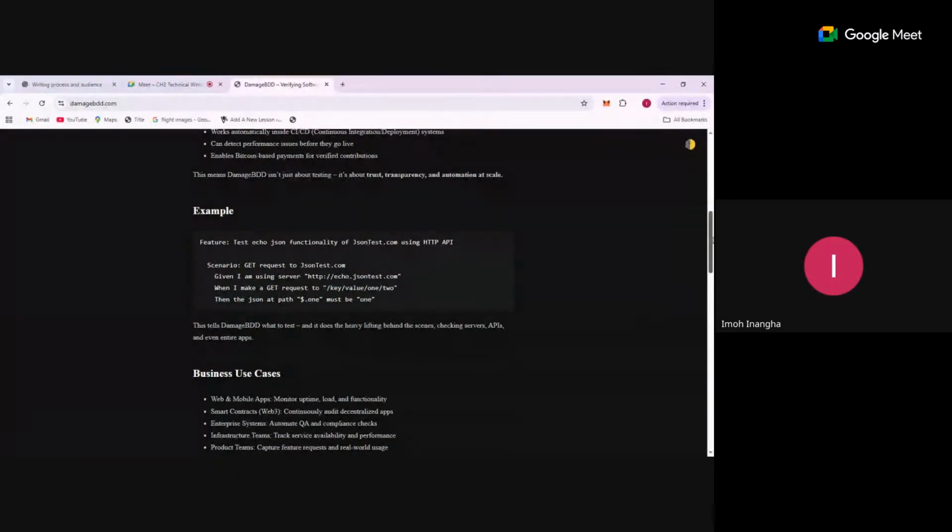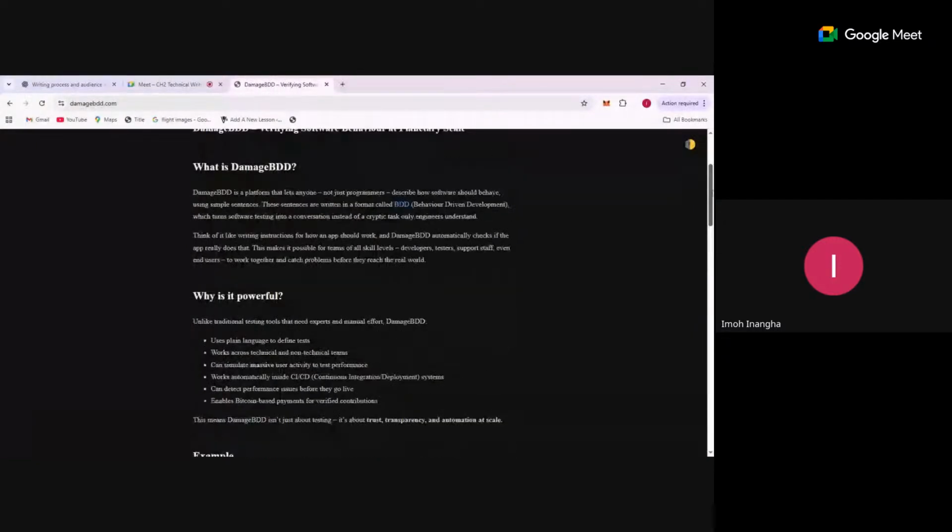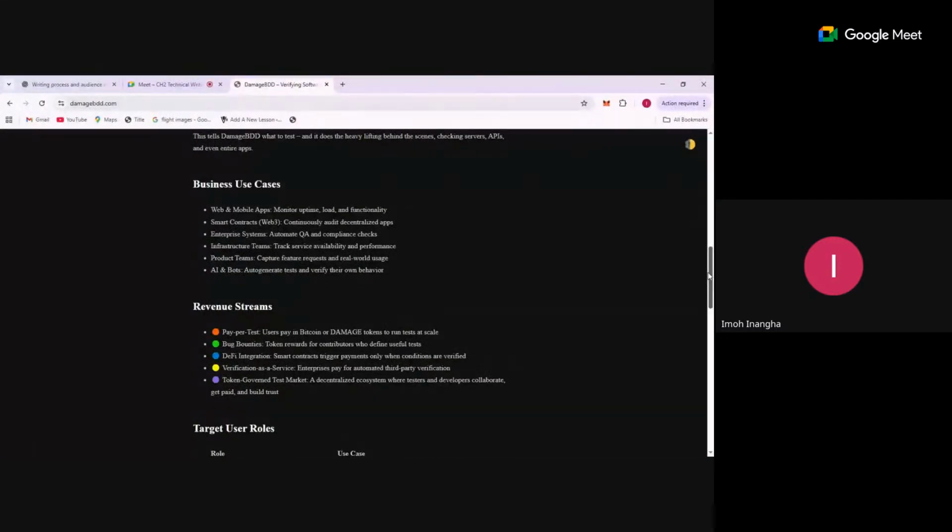So let's continue. So these are business use cases: web and mobile apps, where it monitors uptime, load and functionalities; smart contracts, that's Web3, continuous audit; decentralized apps; enterprise systems, automating quality assurance and compliance checks; infrastructure teams, tracking service availability and performance; product teams, capturing feature requests and rewarding usage; AI and bots, auto-generating tests and verifying their own behavior.